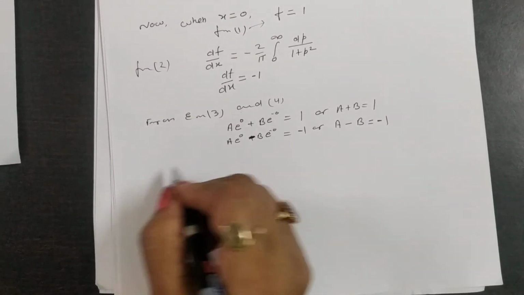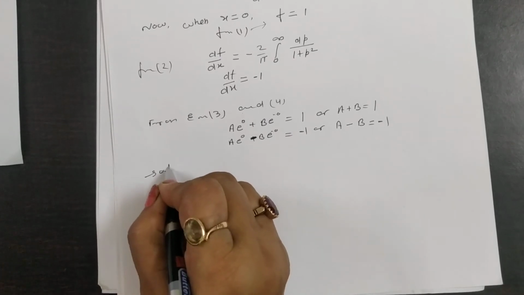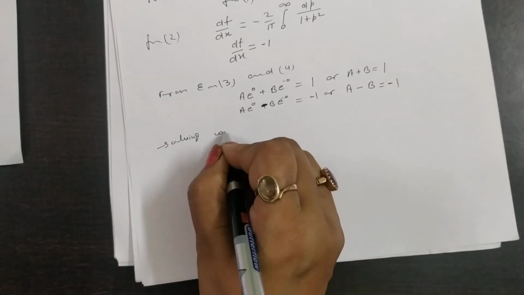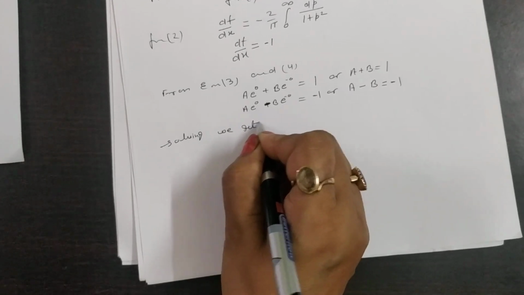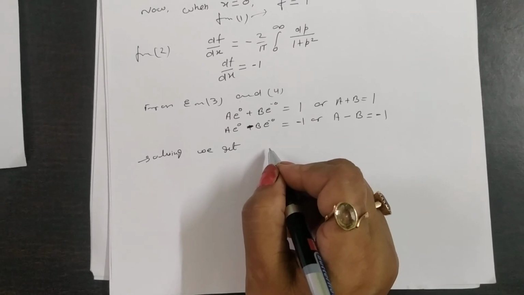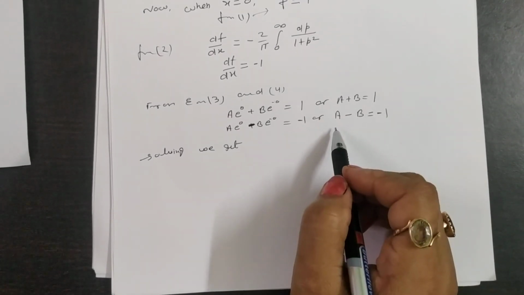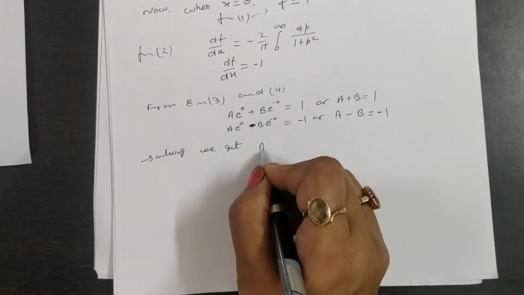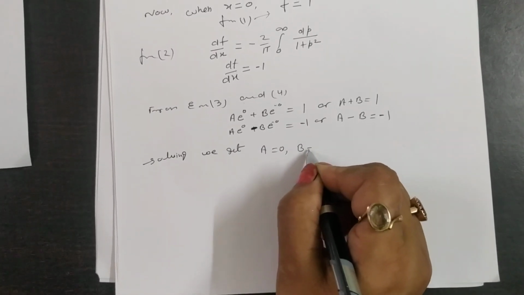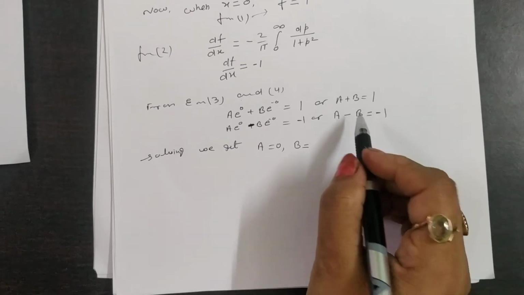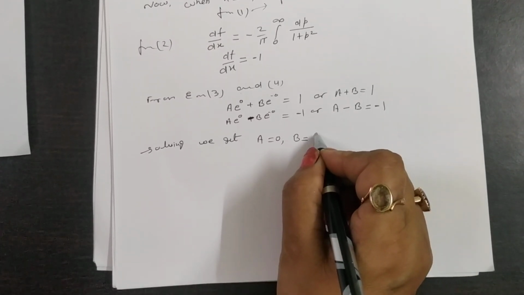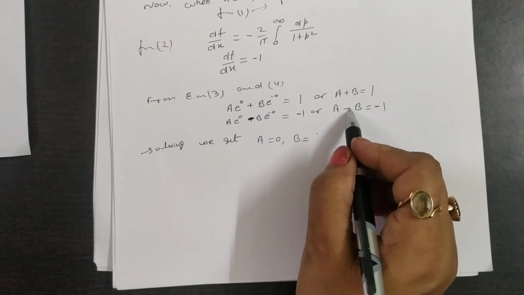Solving these equations, adding gives 2a equal to 0, so a is 0, and subtracting gives 2b equal to 2, so b is 1.